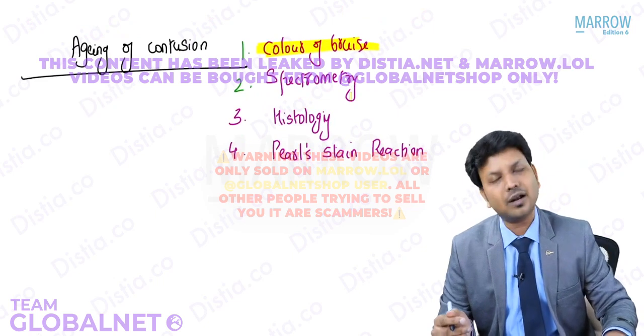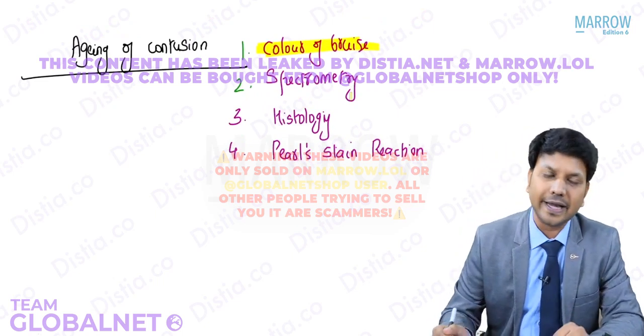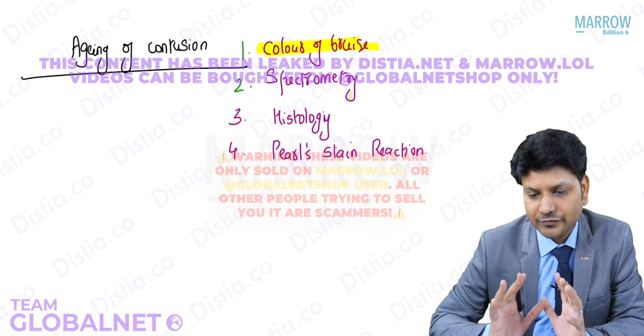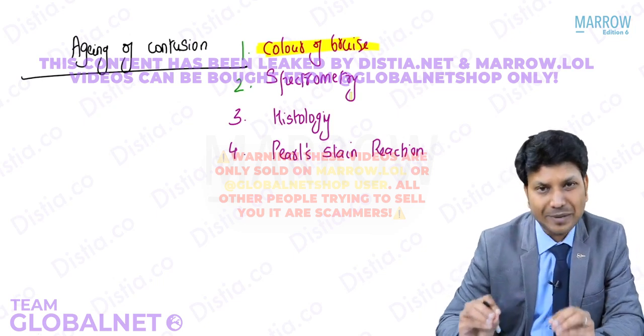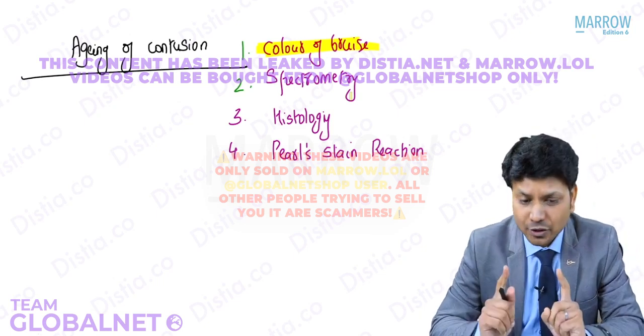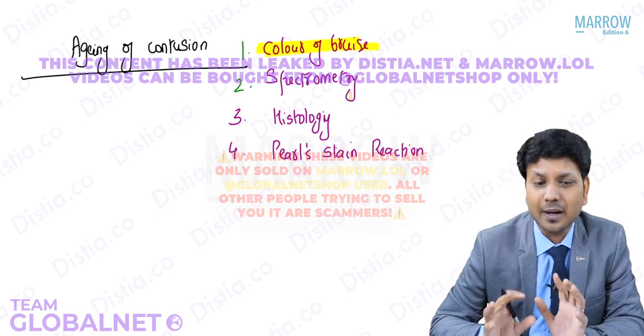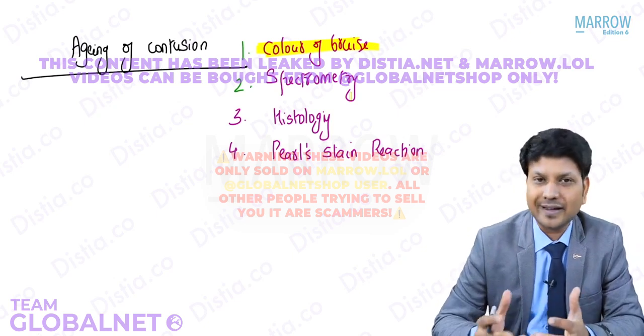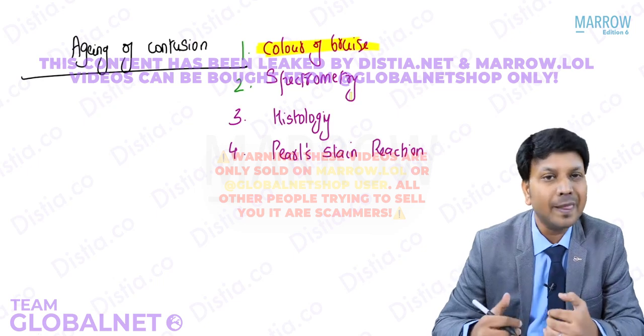For you to learn the color of the bruise, the different colors that you get, first of all you need to know the basic concept. I told you earlier, in dark complexion people appreciation of bruise will be a little difficult, and in fair complexion people appreciation of contusion will be better.